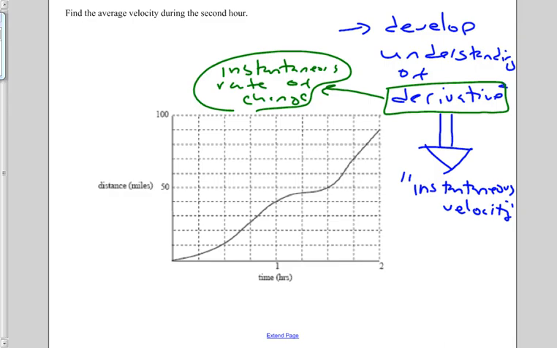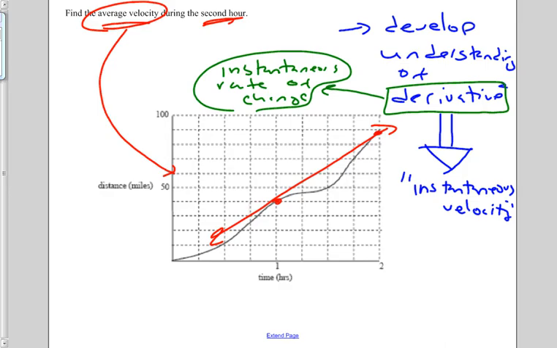Okay, so in the last example, in the previous page, we were looking at what's your average velocity from time 0 to time 2. Now we're looking in the second hour. So the same idea, if we're looking for average velocity, we can graphically depict this secant line, and the average velocity during that second hour is the slope of this line.